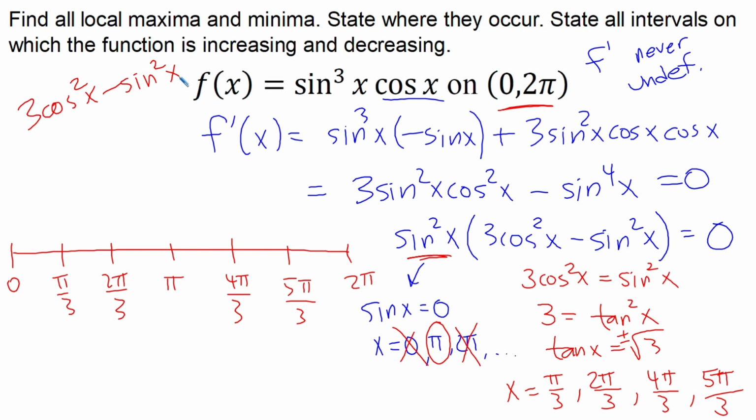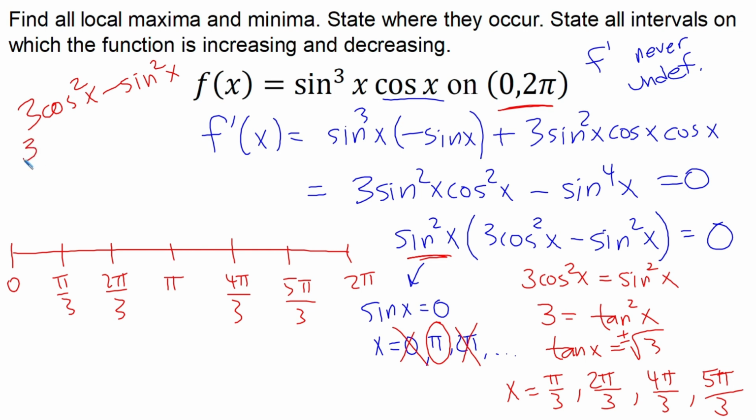Well, if we plug in something like pi over 6 into that, that gives us, I'm not going to necessarily go through all the arithmetic here. We'll do it a little bit for the first one.